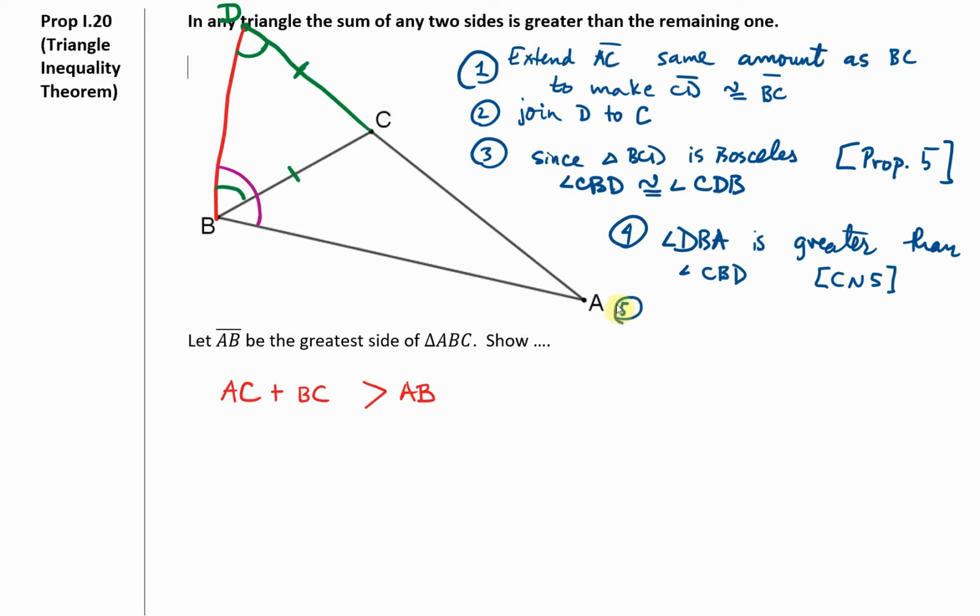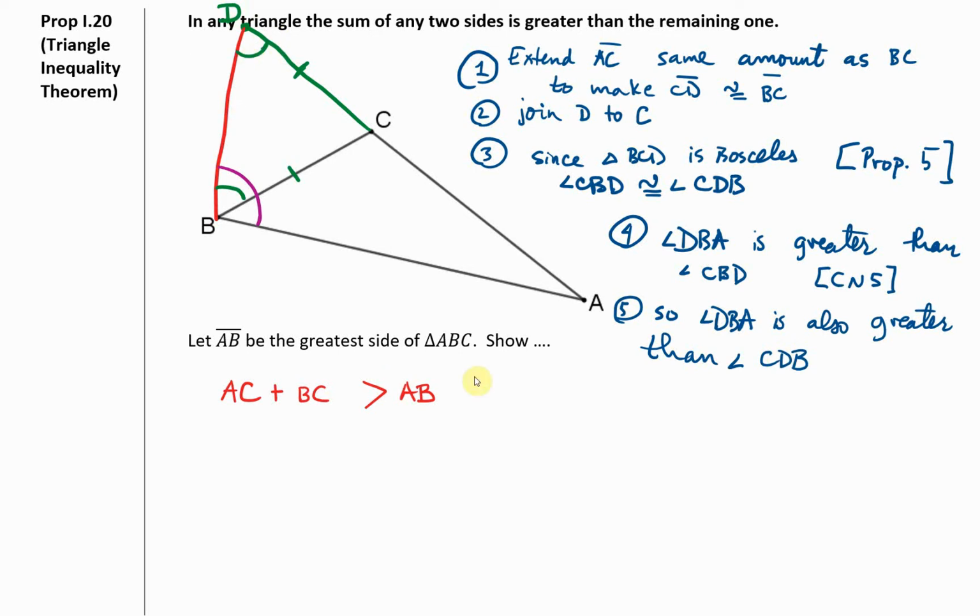And so, using statement 3, angle DBA is also greater than angle CDB. That's the other green angle up here.